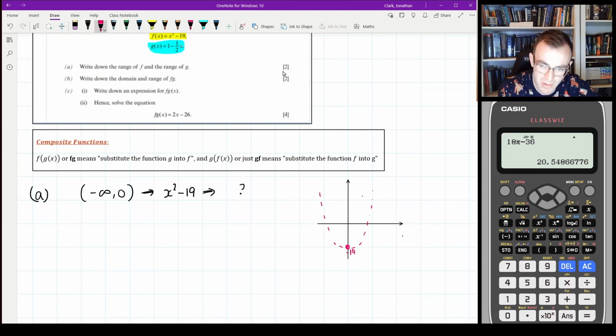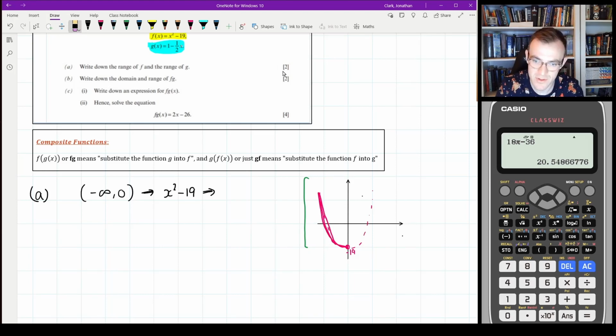And because we're only plugging in negative values, we're only really considering this part of the curve. Well, that's a dodgy drawing, isn't it? So the x values that come in are just the negative ones. The y values that come out are anything above minus 19.